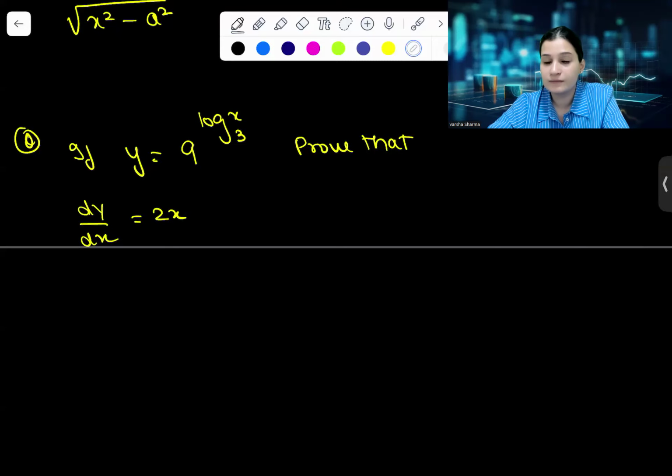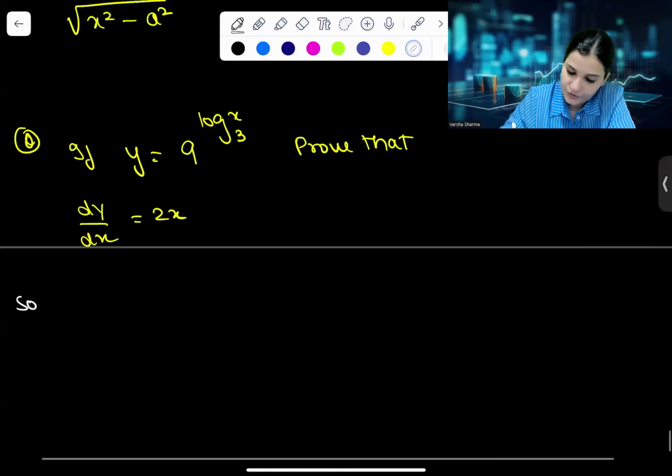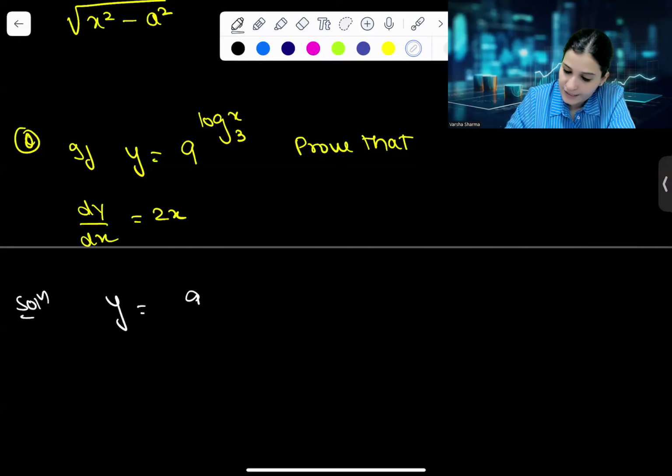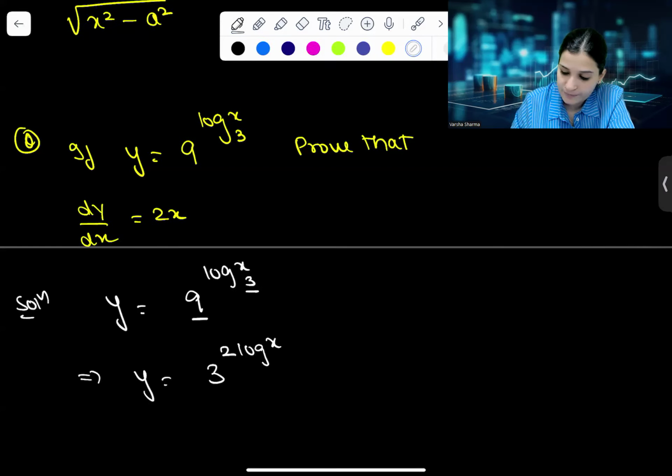Done? Yes, ma'am. Solution: y equals 9 power log x base 3. Here base 9 and here base 3. So 9 can be written as 3 square. But we cannot cancel 3 and log 3 yet as long as this 2 is sitting here.